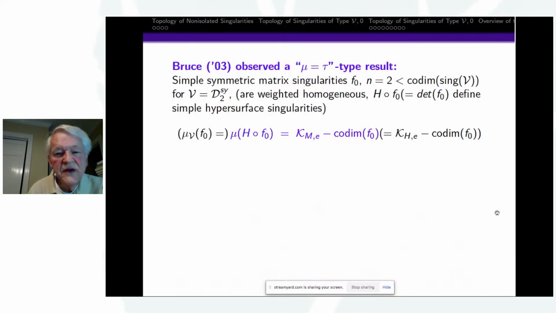So lastly, just quickly finishing, what happens with matrices? It turns out that here, the simple example discovered by Bill Bruce began to motivate a lot of problems in understanding whether there are analogous results for sections or matrix singularities, which are nonlinear sections of these families of matrices.